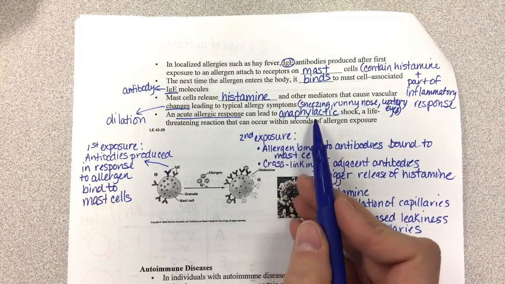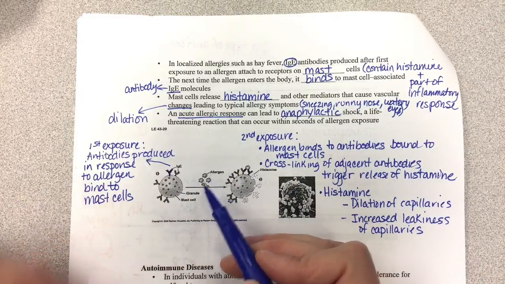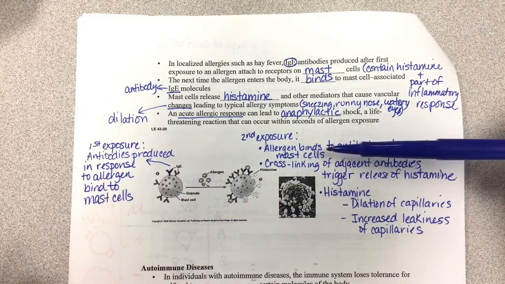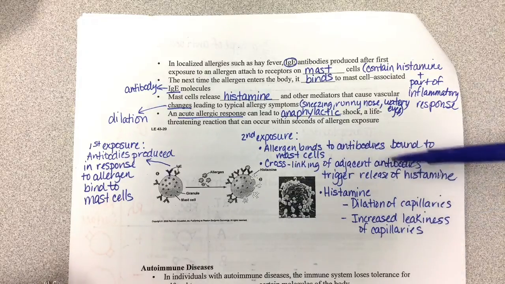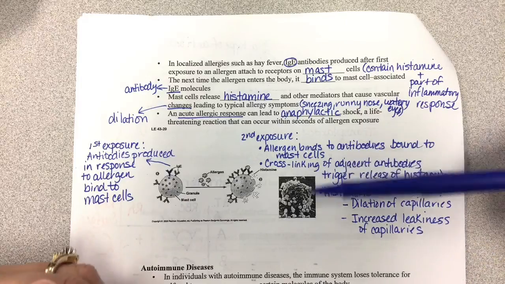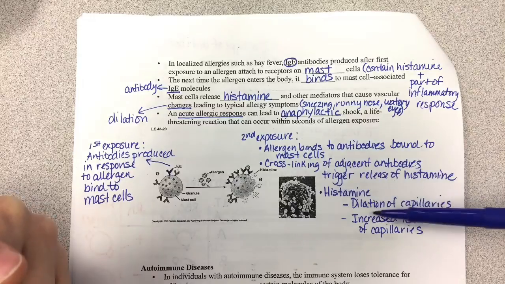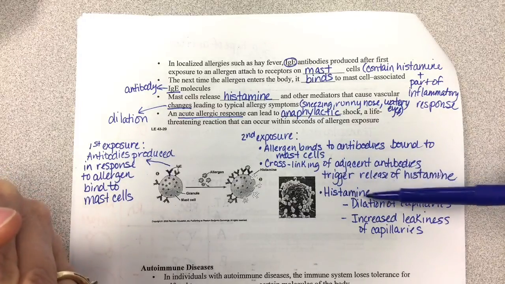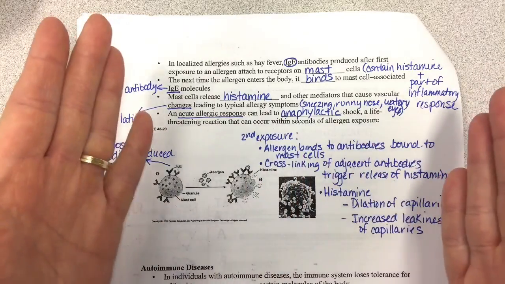And so what happens here is, once the allergen enters, instead of the reaction being localized, let's say in the respiratory system, it happens all around the body. The mast cells release histamine and you get dilation of blood capillaries everywhere in your body.